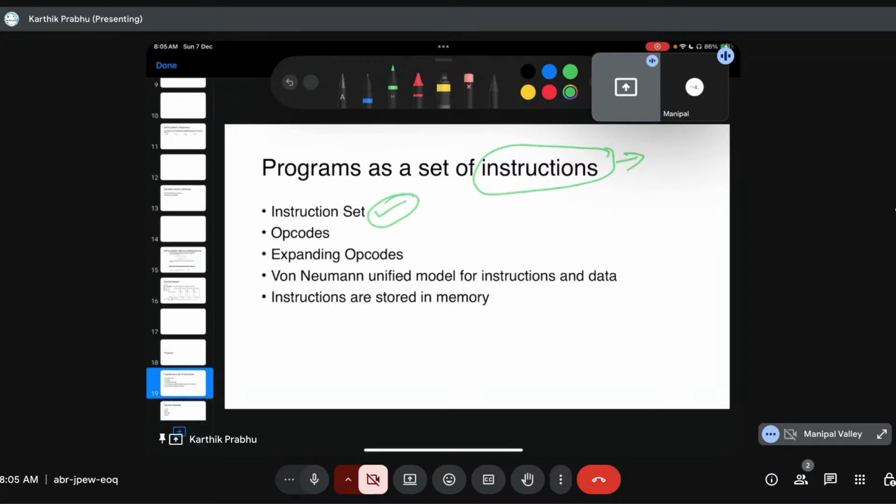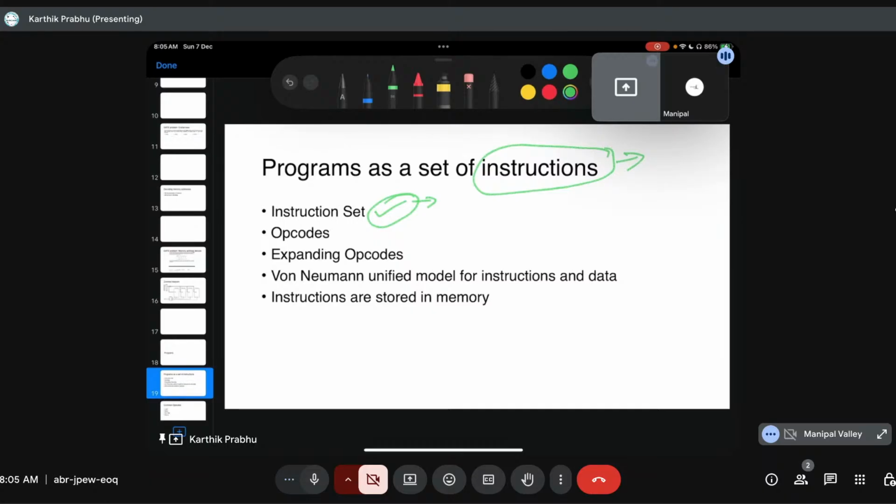Instruction set. What is an instruction set? Similar to how we have a high level programming language, even the low level programming language has a set of primitive instructions, a fixed set of things which you can do in that language. You can't go beyond that. We will not dive too deep into the different kinds of instructions because that's not relevant for the GATE syllabus.